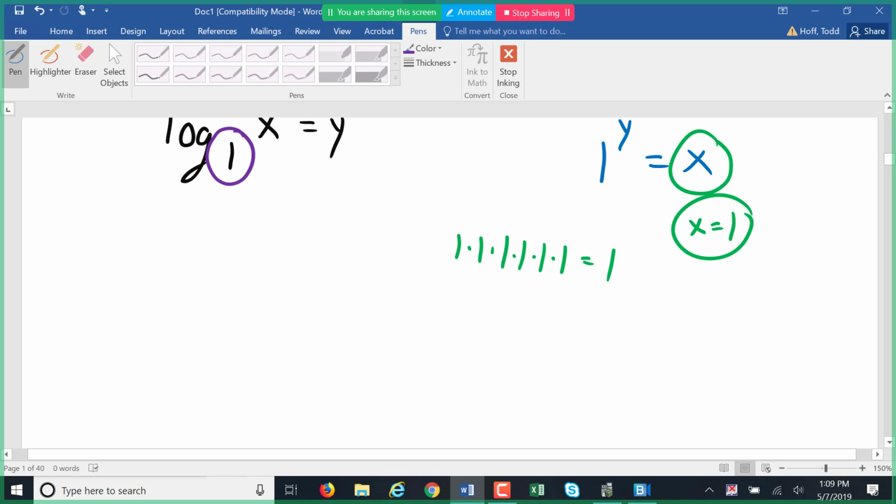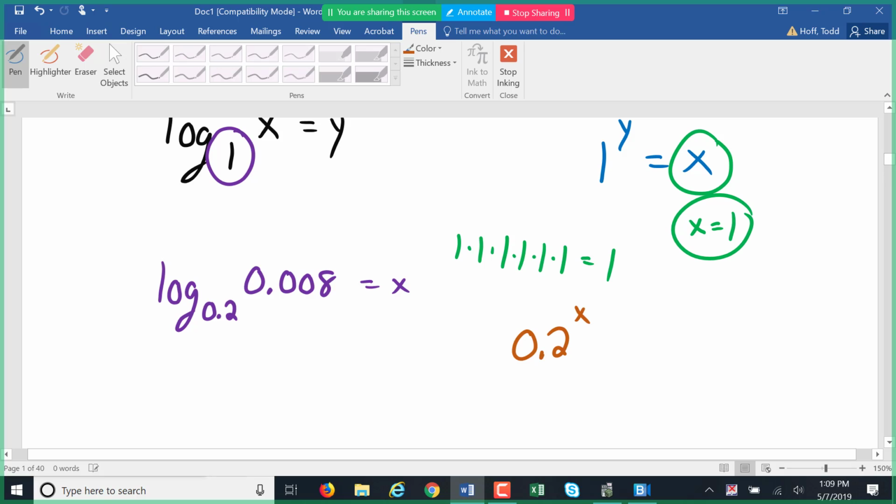So the base of that log either has to be bigger than 1, or what happens if the base of the log is a decimal? Log base 0.2 of 0.008 equals x. Well, this actually does work.